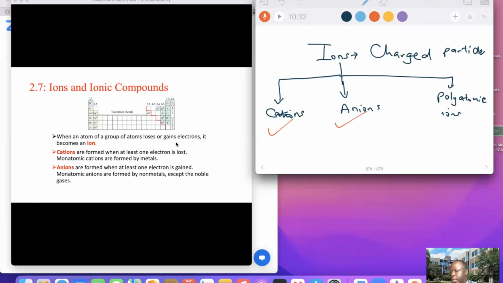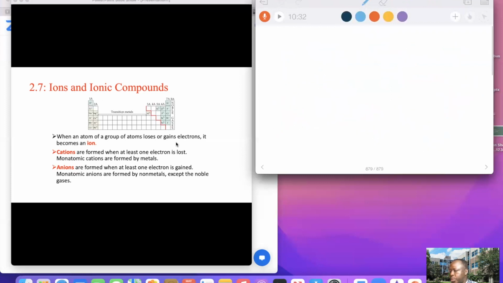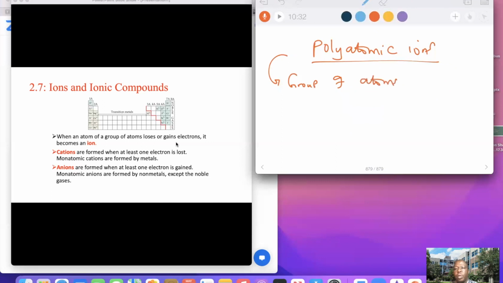Now for polyatomic ions, these are groups of atoms with an overall charge, which act as one.